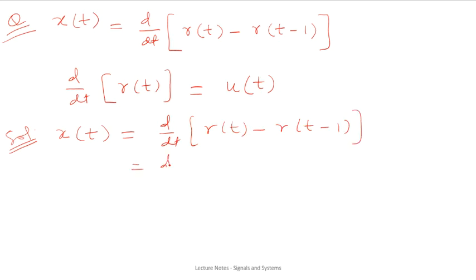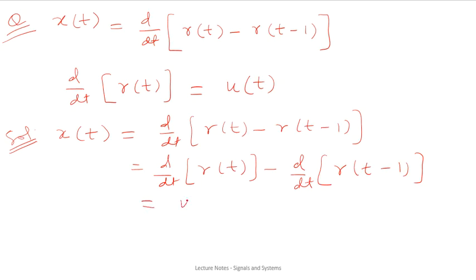So you can do it in parts. d by dt of r(t) minus d by dt of r(t minus 1) will be equal to u(t) minus u(t minus 1). So just this ramp signal has to be replaced by unit step signal. The shifting will remain the same, as present in the signal itself.